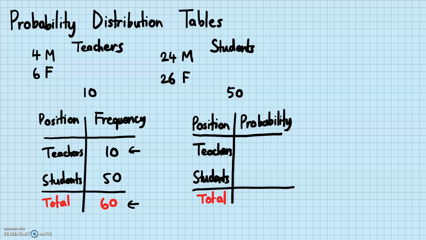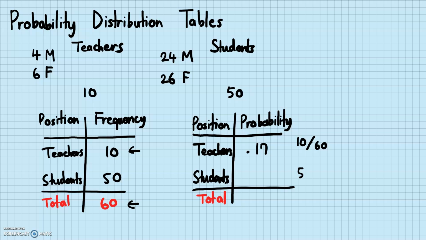For the teachers' part, we can just do 10 divided by 60. That should give you about 0.17, or 17% if you want to put it in percentage.